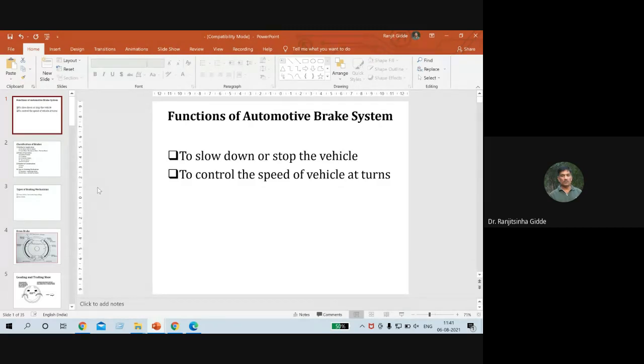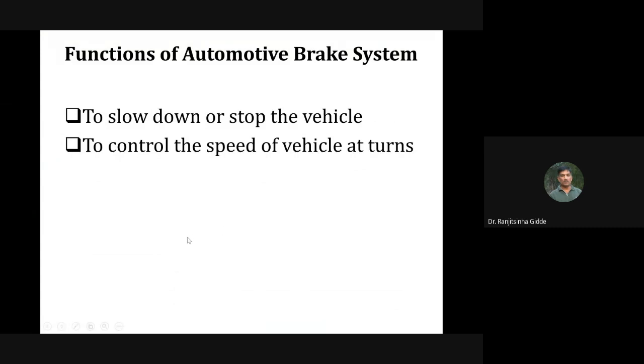So, yesterday we started a new unit from the first section, that is brake. We have seen the functions of brakes: to slow down and stop the vehicle, to control the speed of the vehicle on a turn, or to stop the moving element.